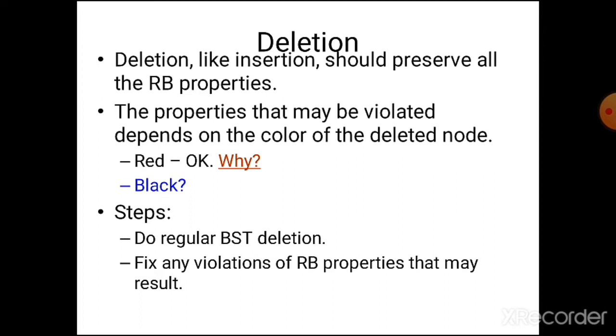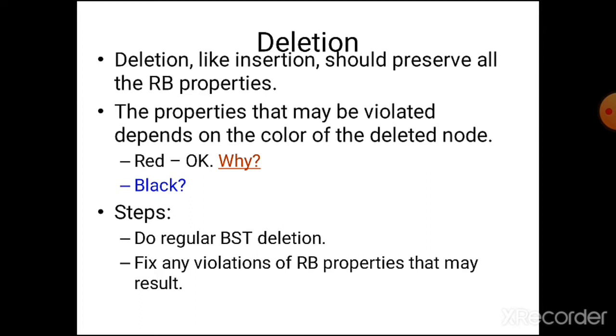That means if we want to delete a node from the red-black tree, then we find the successor of the deleting node and replace it with it. When we delete a node from the tree, the deleted node may be a red color or a black color.